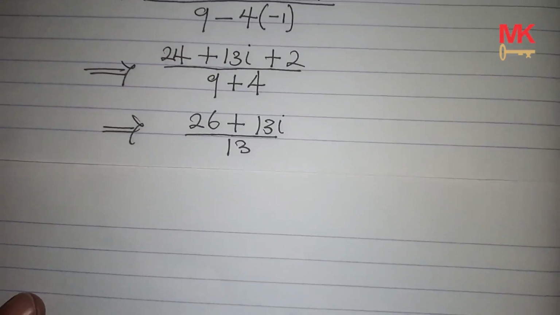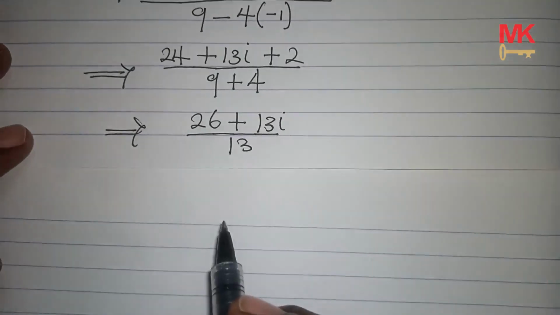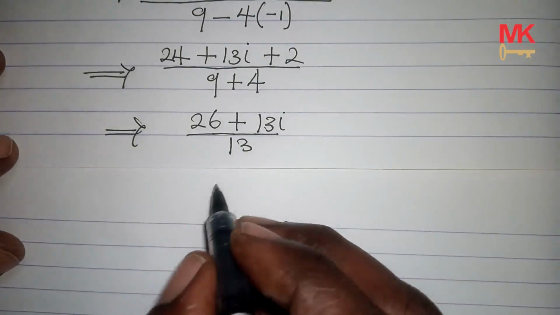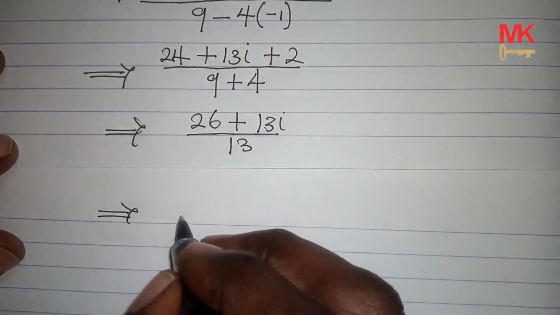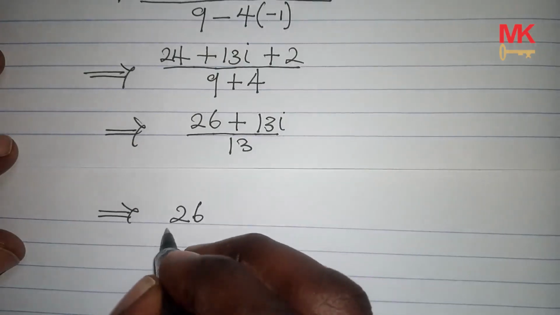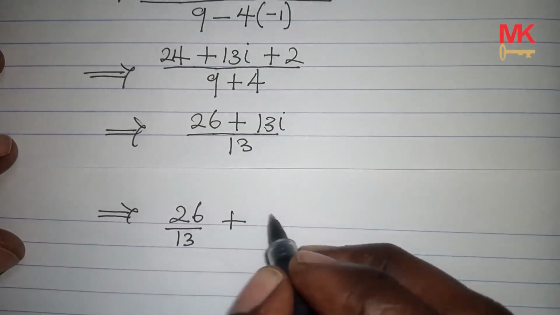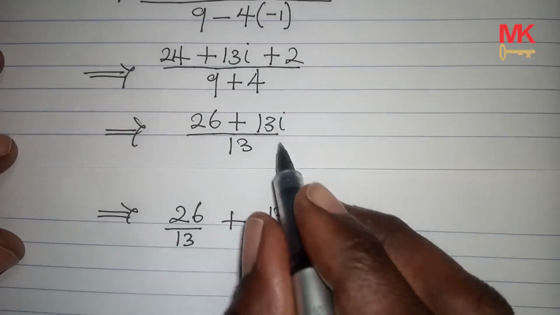And from here, we can continue as usual. Okay, so now what do we do from here? We can split this and share the denominator: 26 divided by 13, then plus 13i over 13.